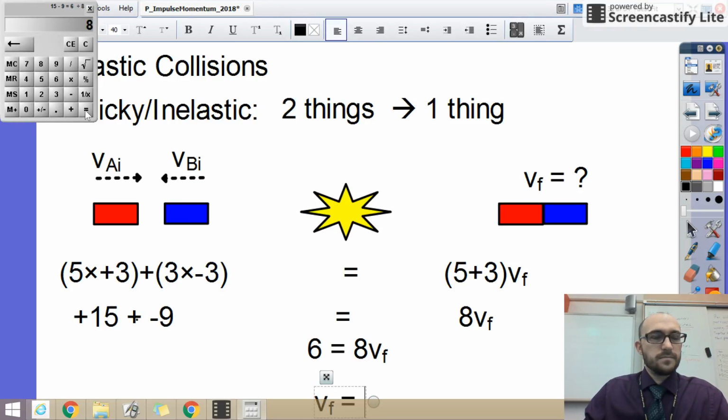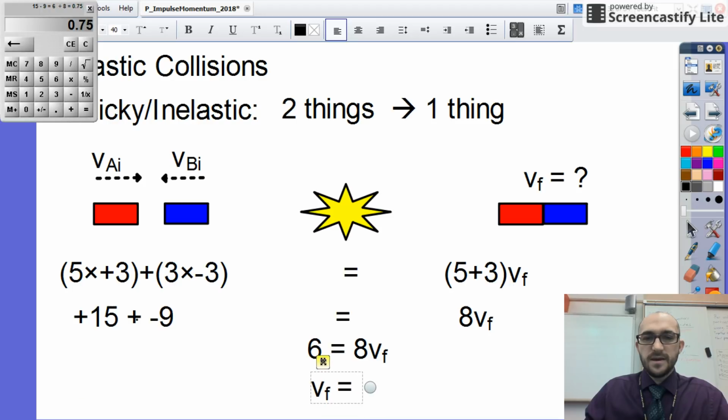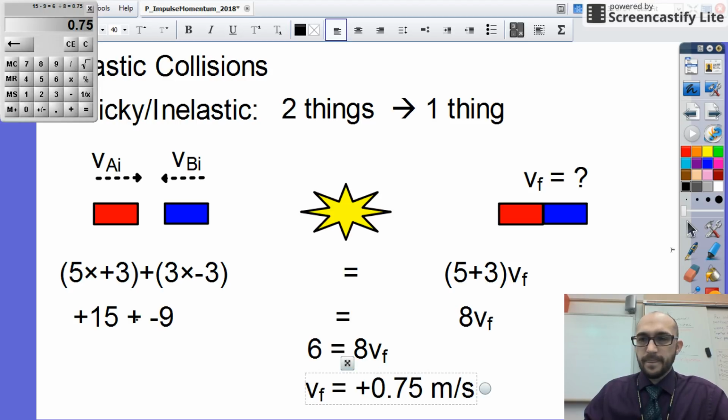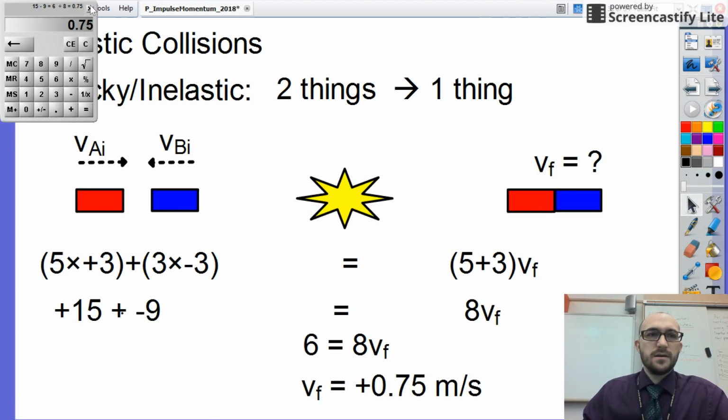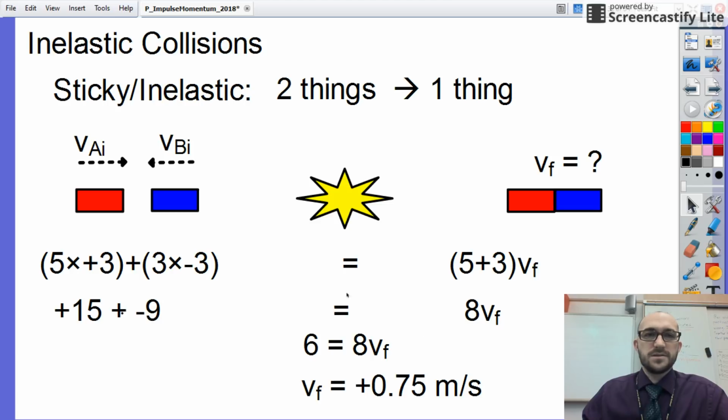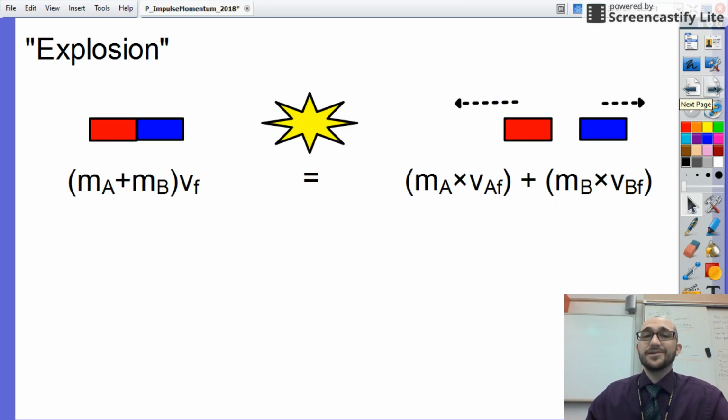And I get positive 0.75 meters per second. Yay! How awesome. Now, an explosion is solved literally the exact same way, but backwards.